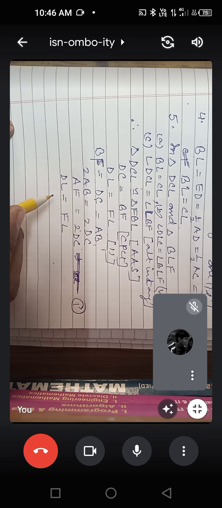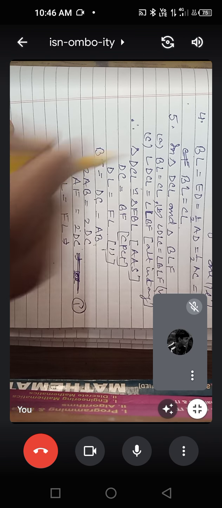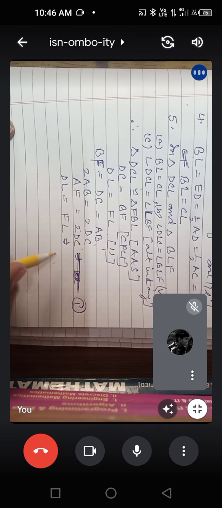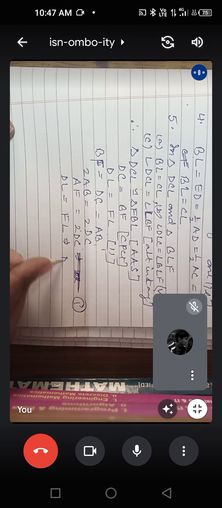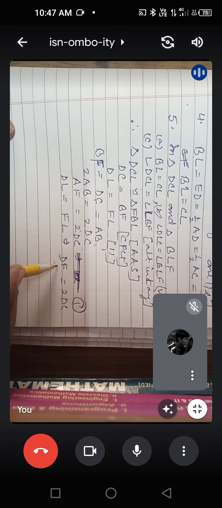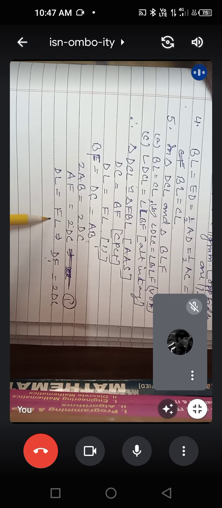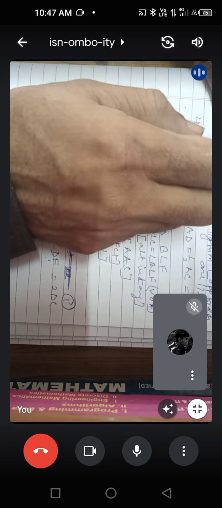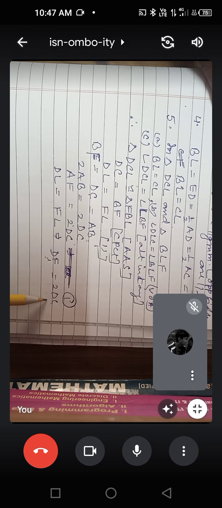So this implies that DF is equal to twice of DL. DF is this, from here to here. And DL is equal to FL. So DF is equal to twice of DL.